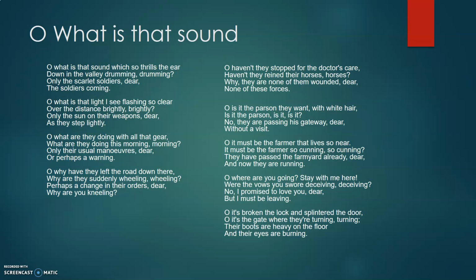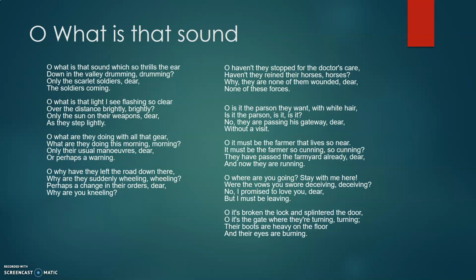Because he's now going to be leaving her. Where are you going? Stay with me here. And she's so desperate, she appeals to those vows that they had said before, they had held before. But of course, the poem revels in deception, and sorry to say, it's male deception, and there is a female. But work with the question and answer, and you're going to get sturdy paragraphs developing.